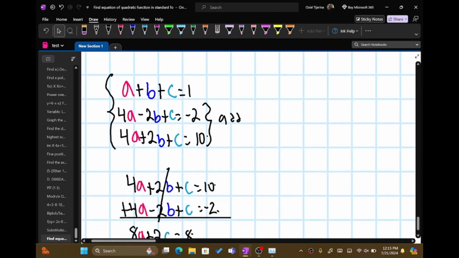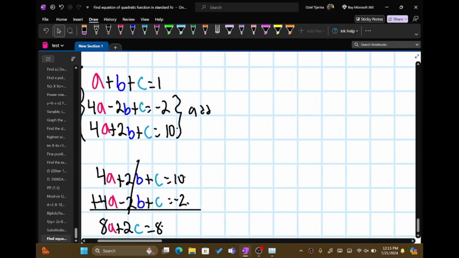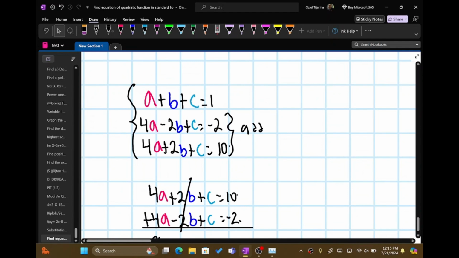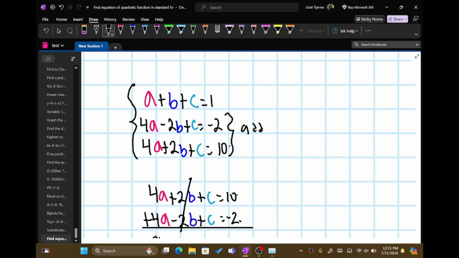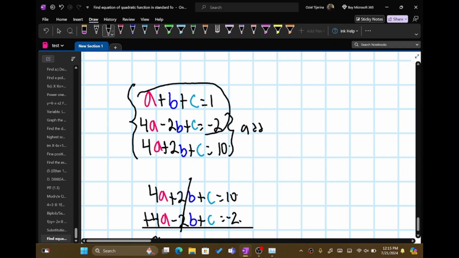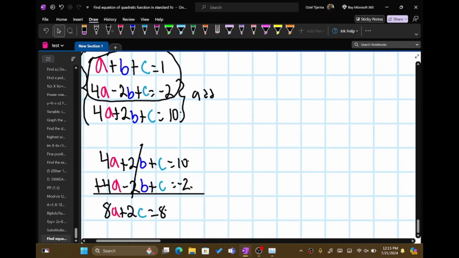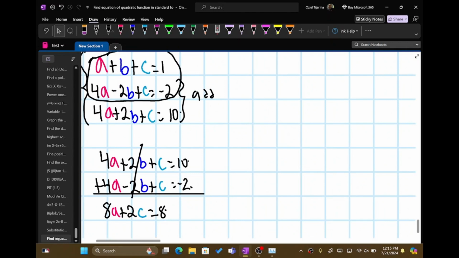And then looking at equations 1 and 2, we can just add these two as well. Like I said, it doesn't matter which ones you add as long as you add one to the other and eliminate.